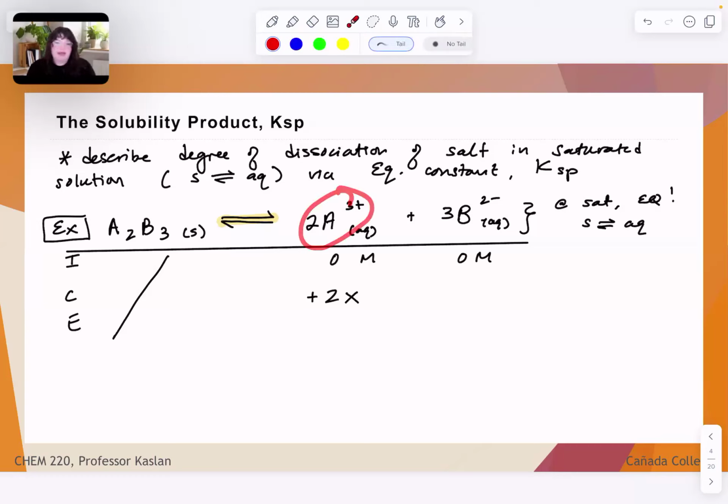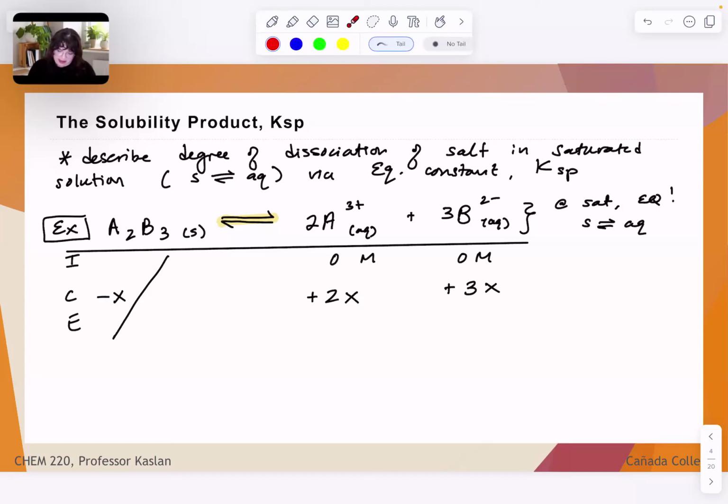So looking at my cation, because stoichiometrically I generate 2 of these from every one of my solids dissolved, I have to indicate that in my change. And same deal goes for my anion, B2 minus. I'm going to create 3 of that. If you want to think of it, this would be minus x.